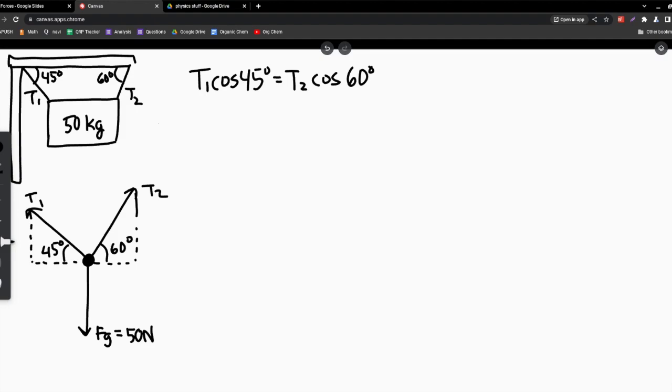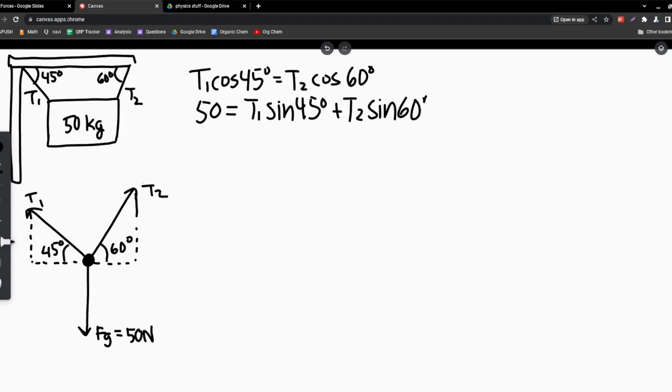And then it's the same thing for y. So both of these forces are pointing upwards, and they are balancing out the gravitational force. So we get, actually, I'm going to write that as 50 newtons equals T1 sine of 45 degrees plus T2 sine of 60 degrees.